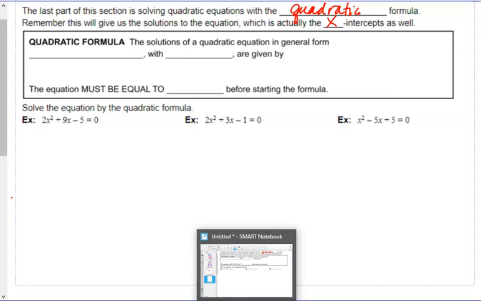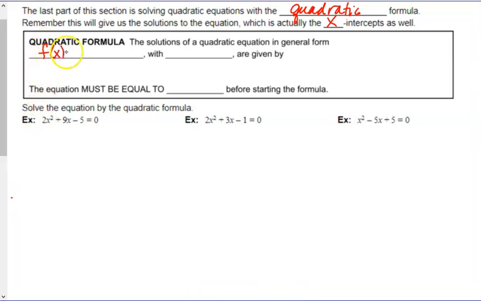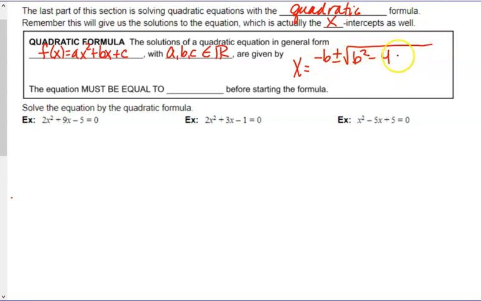So, the solutions of a quadratic equation, the answers, the roots of the form f of x equals ax squared plus bx plus c, which is also what we refer to as standard form, with a, b, and c being members of the real numbers. That's just a technicality. Our formula is x equals negative b plus or minus the square root of b squared minus 4ac all over 2a.